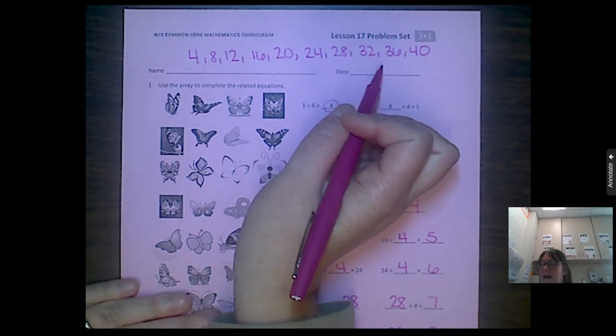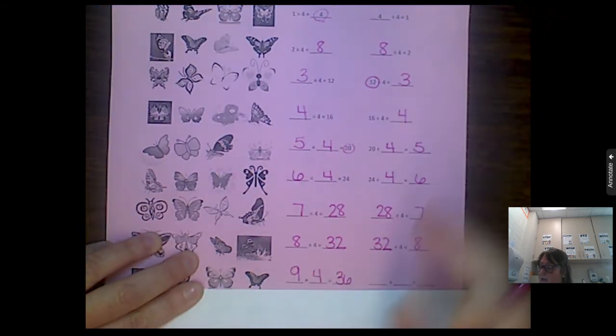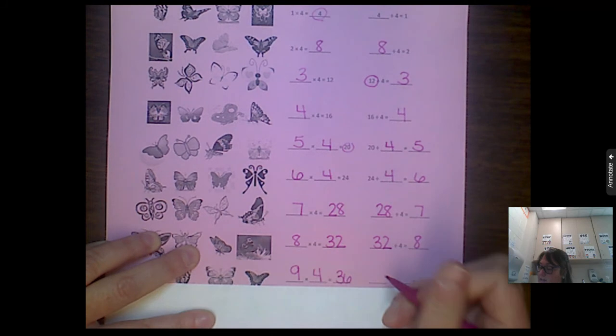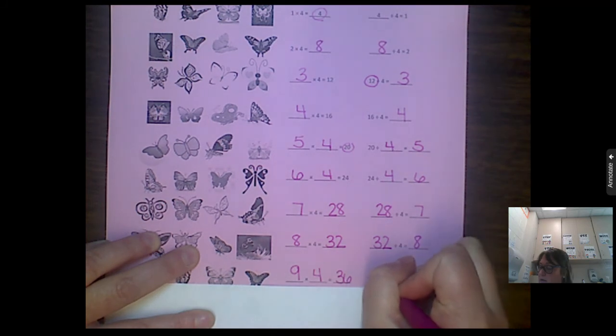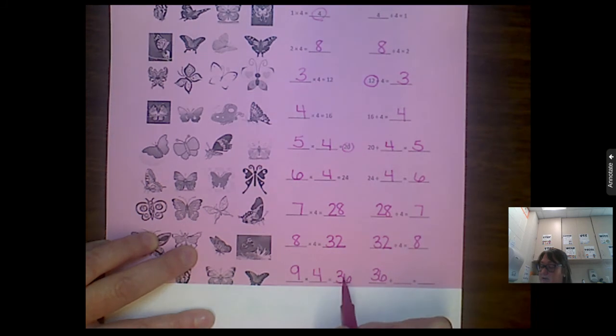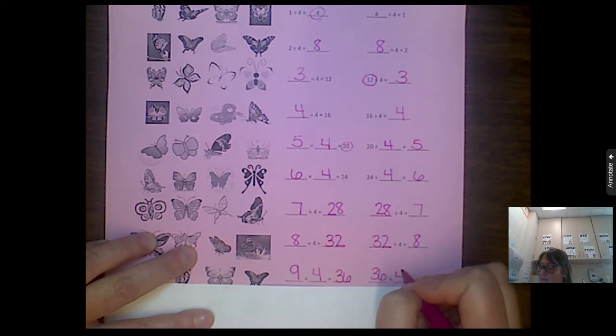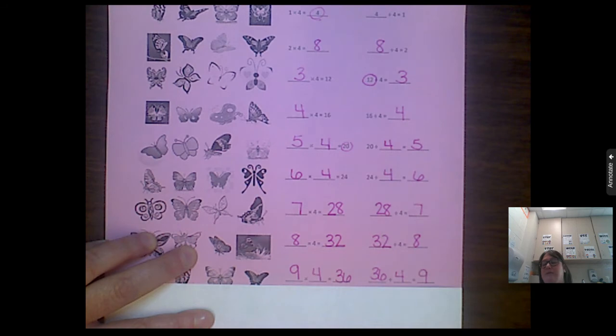So if I'm adding it 9 times, that equals 36. Okay. And for my division sentence, I always start with the total, 36. We're dividing by 4. So look here, I can turn this around, right? 36 divided by 4 equals 9.